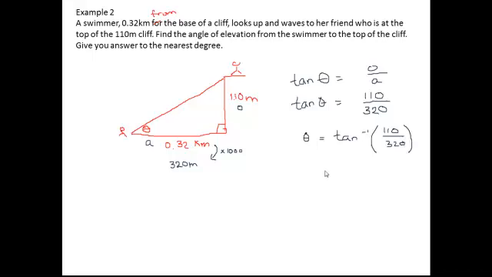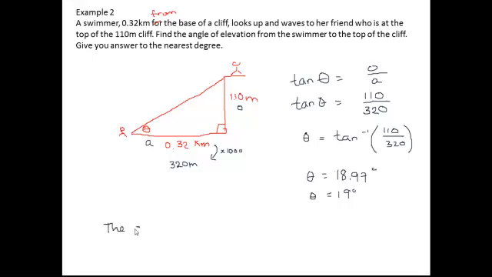Okay, so you can go ahead and put that into your calculator. And you should get that theta is 18.97 degrees. So rounded to the nearest degree, we would get theta is equal to 19 degrees. Okay, so final step, write a full sentence answer.